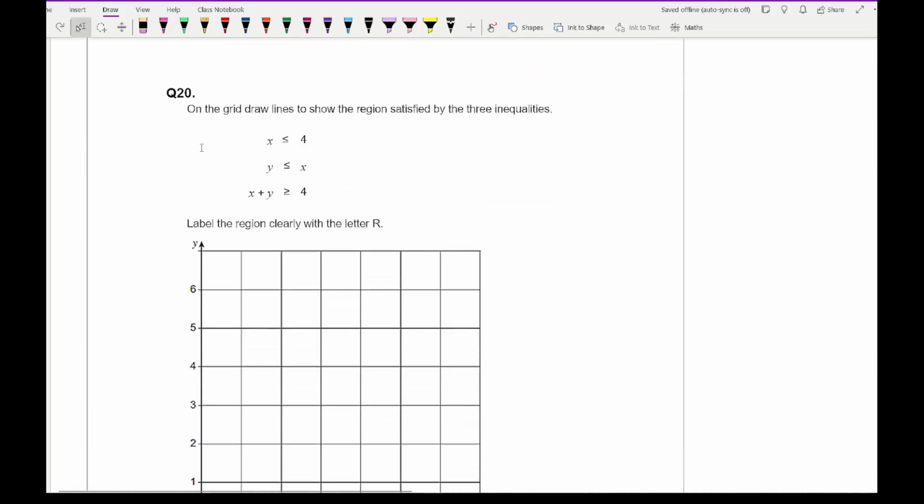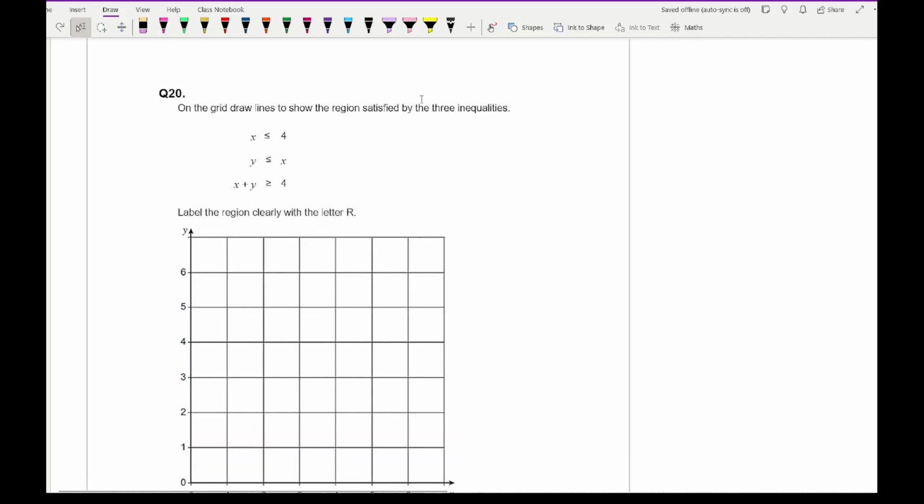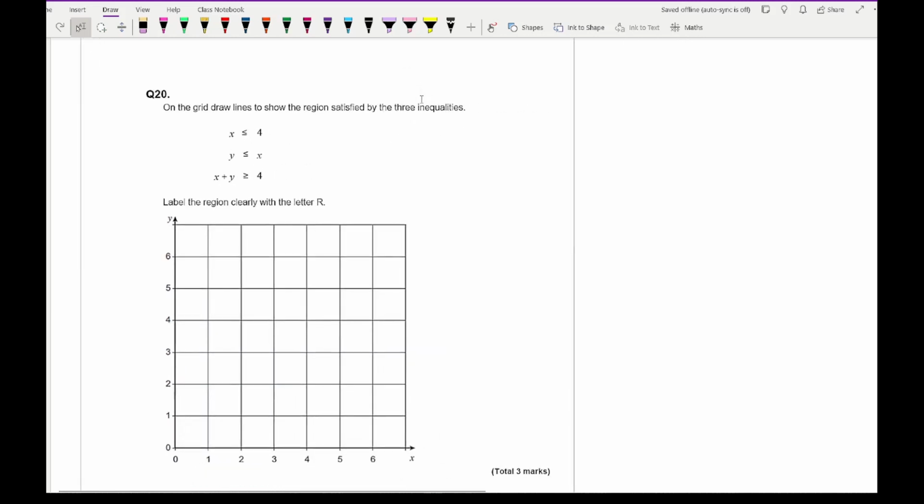Then moving on to question 20, it says on the grid draw lines to show the region satisfied by these three inequalities. So if I just zoom out a little bit, hopefully we can fit it all in. It's important that you know how to plot these lines.